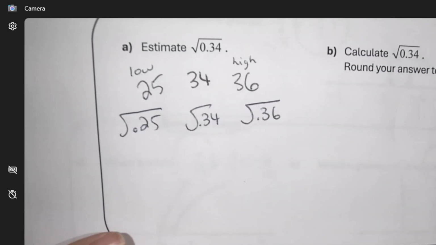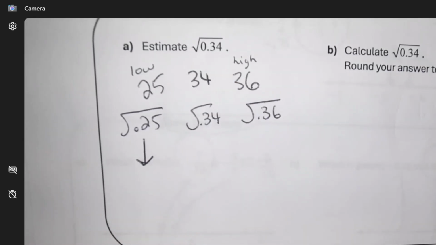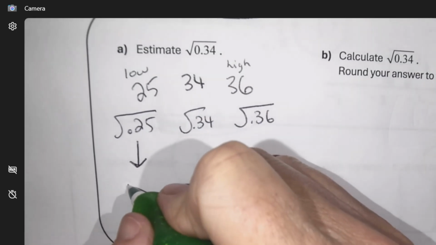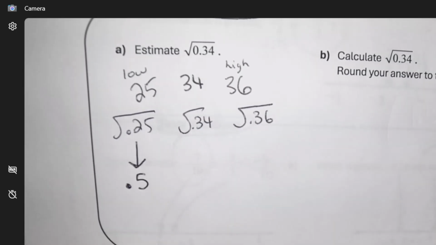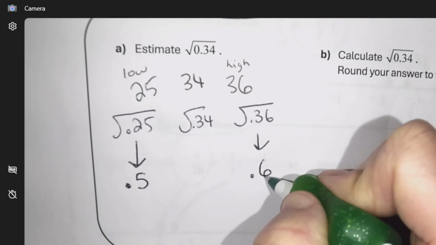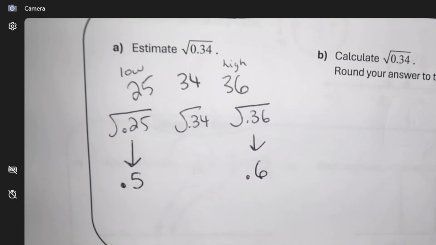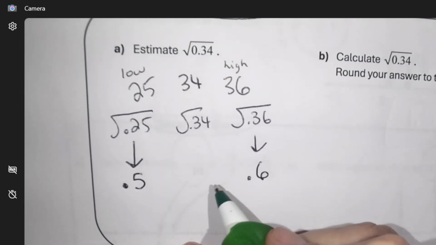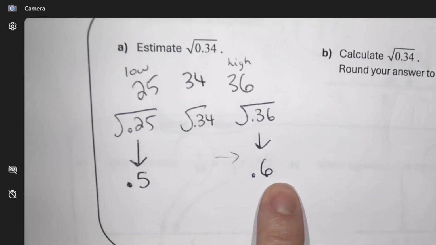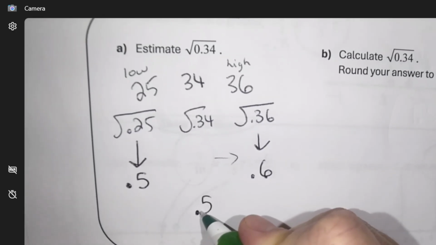No. Okay, so 0.25, that would be just a 0.5, and this one would be a 0.6. Are we middle-ish? Are we kind of leaning towards the 25 or the 36? I think we're closer to that. So what do you want to do? 0.5.